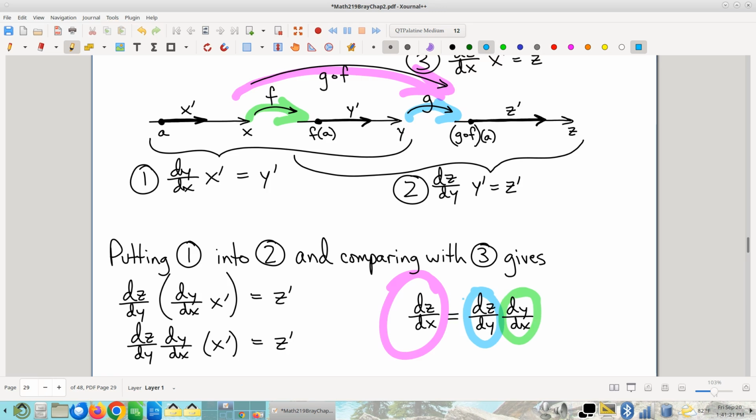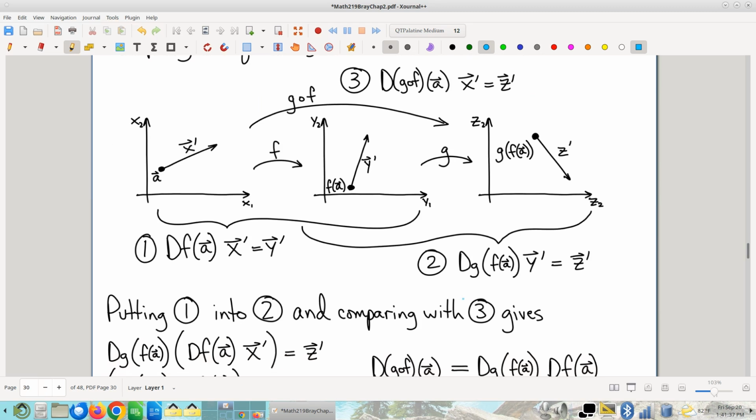You've multiplied by 2 times 3, which is 6. Okay, so I like to think of the chain rule in those terms, that it's just the pretty satisfying observation that factors multiply.